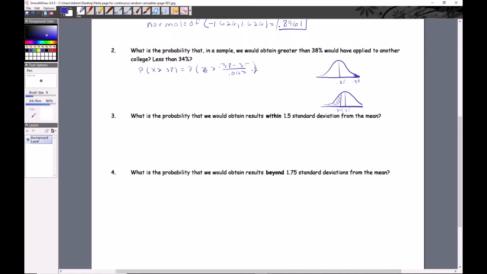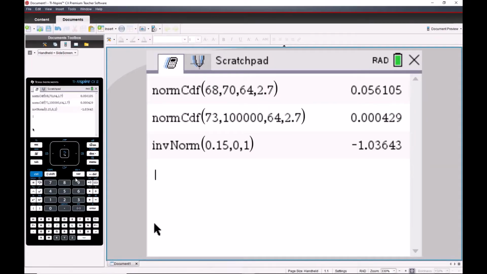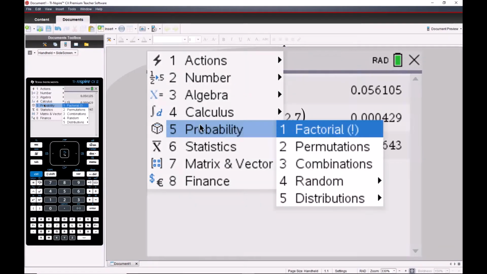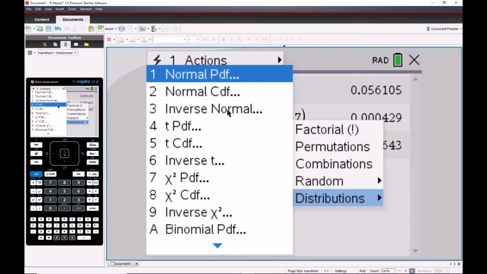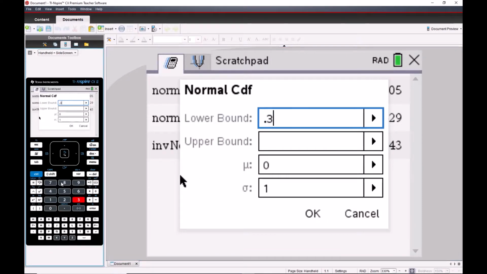Okay, we can definitely do this on the calculator, why not? So let's go back into menu, probability, distributions, normal CDF, and on that one, the low end was 0.38. So we'll put that in there, 0.38.